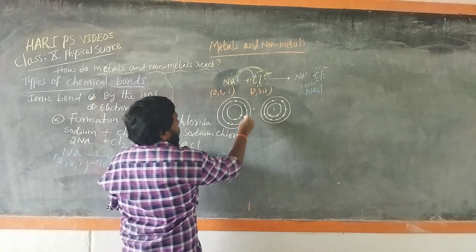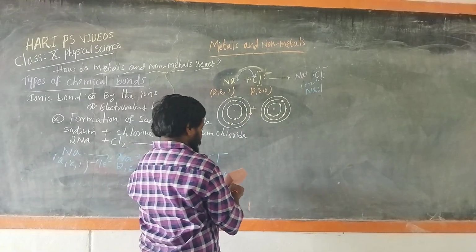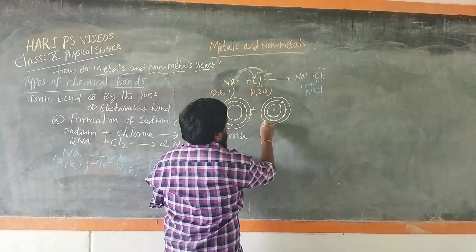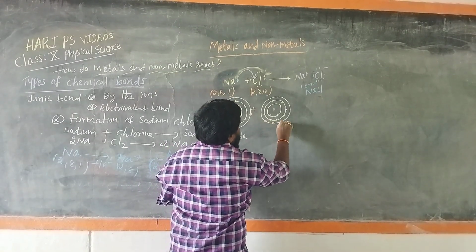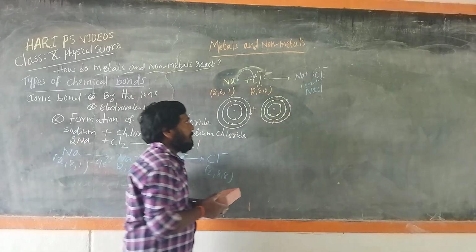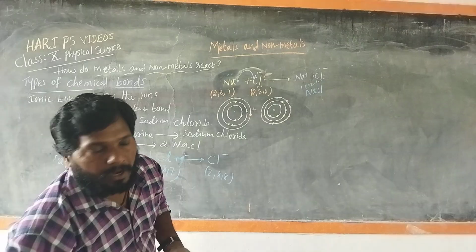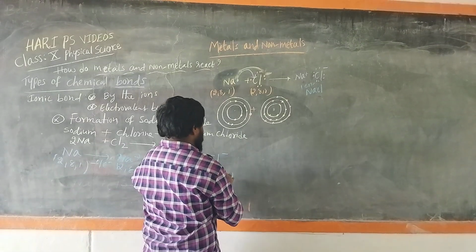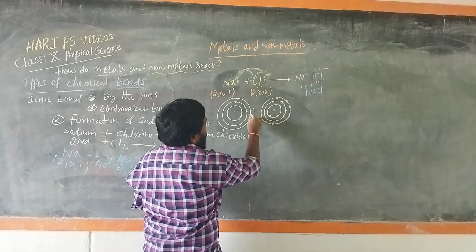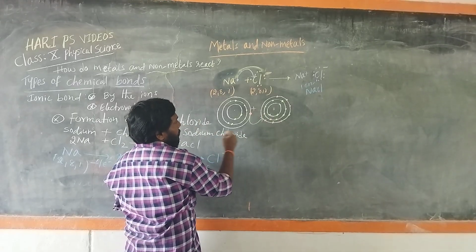Then only 1 electron in the outermost shell of sodium. Then here 1, 2, 3, 4, 5, 6, 7 in the chlorine outermost shell. So after transferring this 1 electron to chlorine, chlorine has 1 more electron.